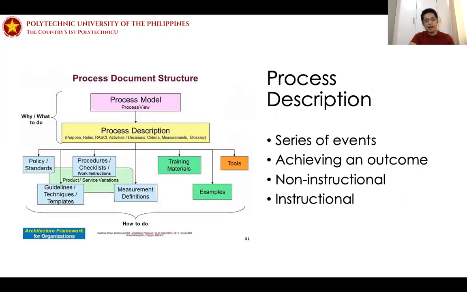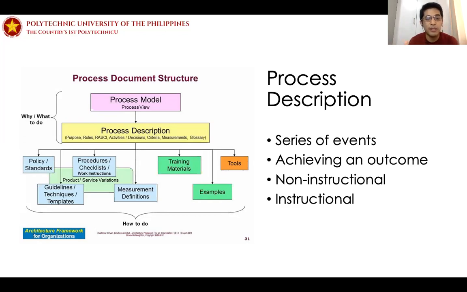Now, we also have the concept of a process description. This is a process model. If your company is audited by a certain licensed organization to become an ISO certified company, then you need to come up with a process manual or a process model.